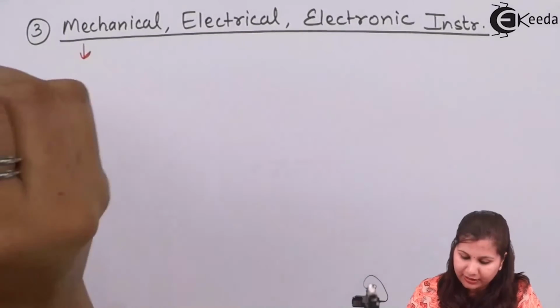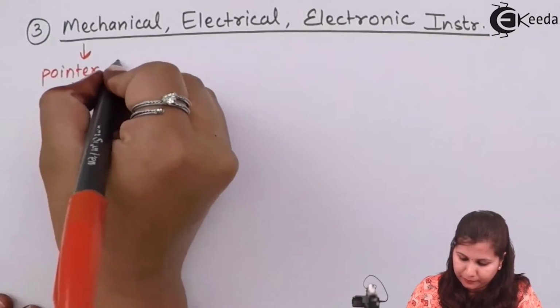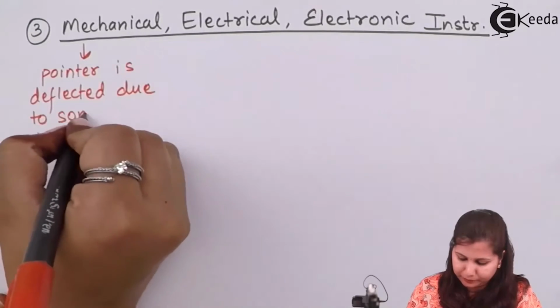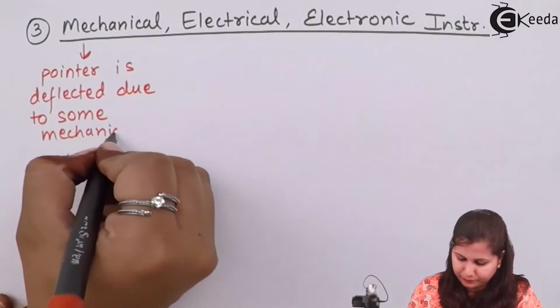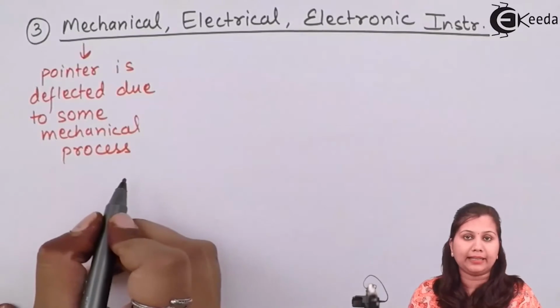So we can say that in mechanical instruments, the pointer is deflected due to some mechanical process.